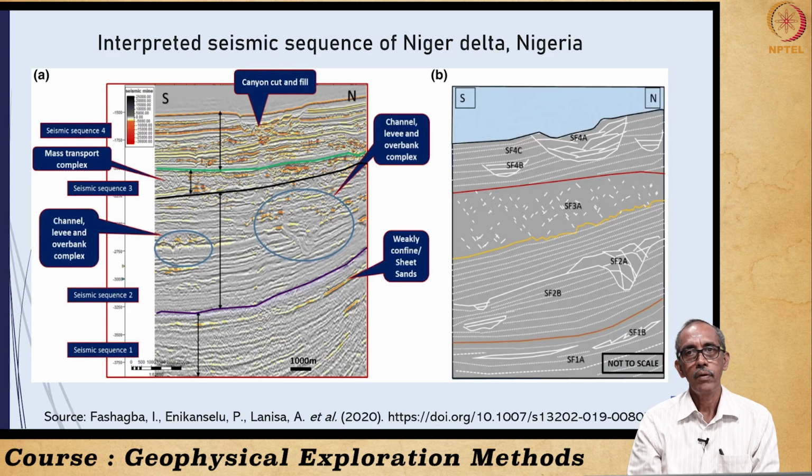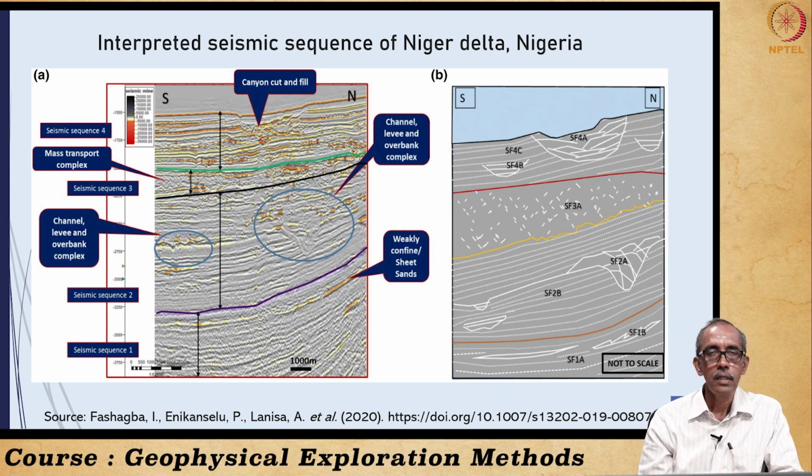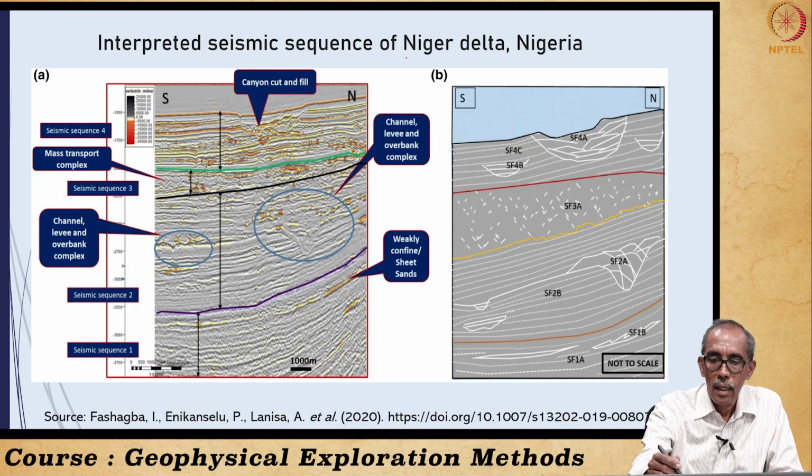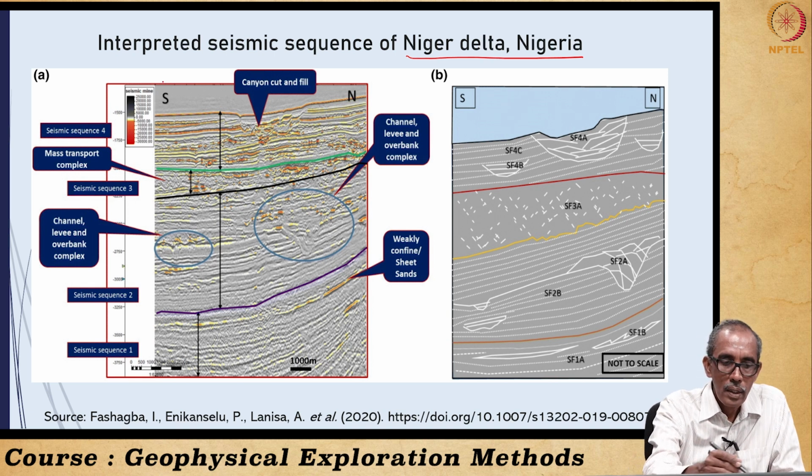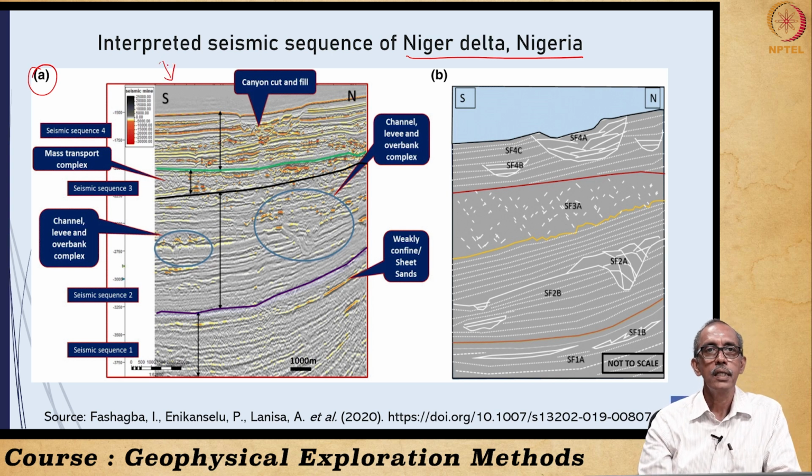Now, let us have a look into some other interesting case studies. This is one study carried out in Nigeria to understand the subsurface, especially for oil exploration. The diagram on the left hand side, that is this diagram here, shows the seismic cross section, right.